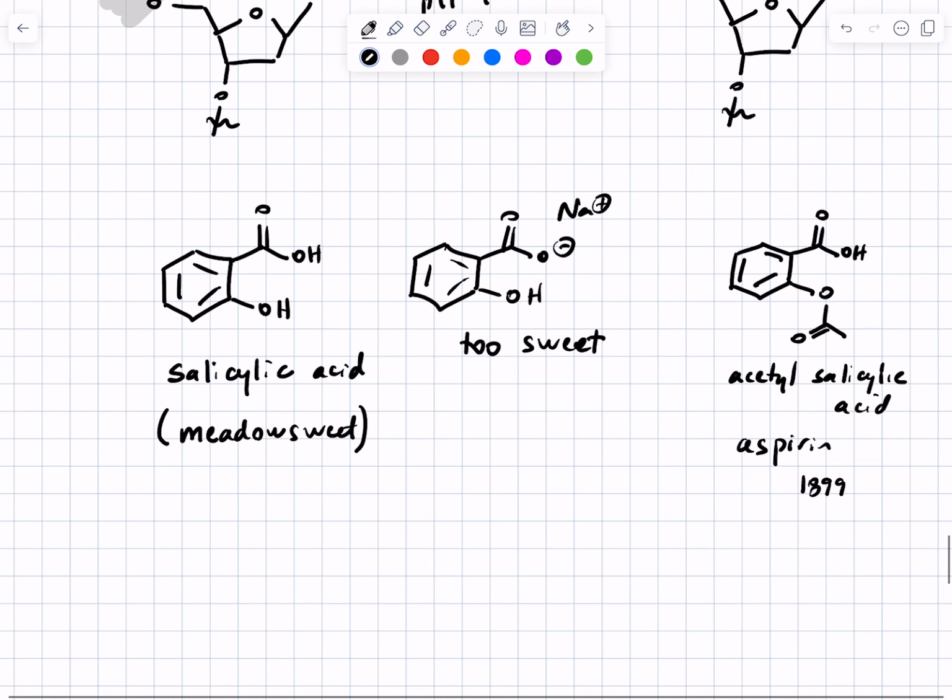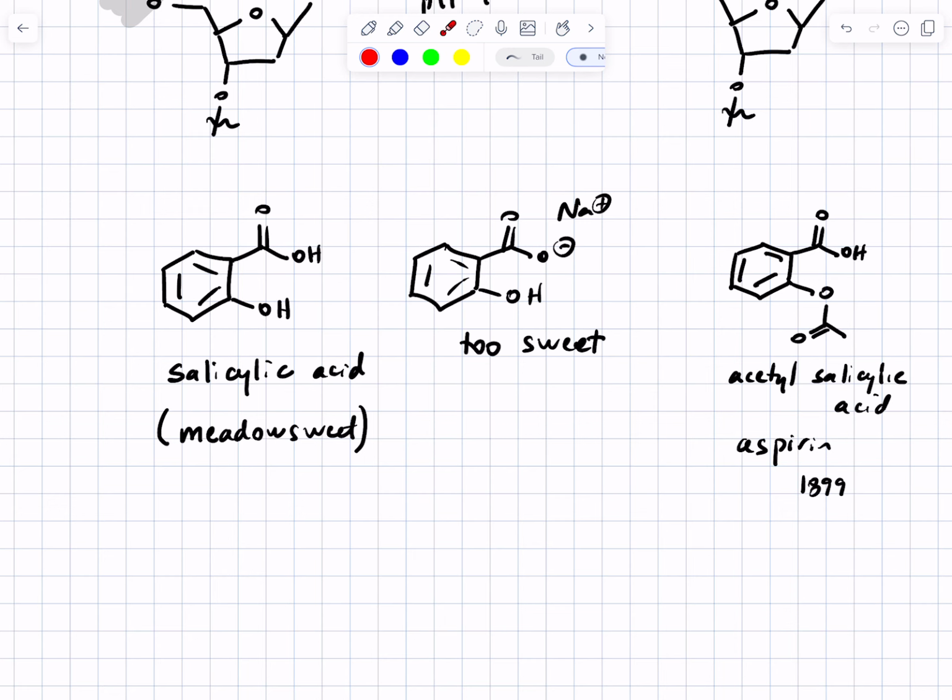And for a long time, it was not known what the mechanism was for why this works as a pain reliever. Anyway, it was in a form that you didn't have to taste, and so it was a much, much better drug. That's aspirin, acetyl salicylic acid. It's an example of what are called non-steroidal anti-inflammatory drugs, or NSAIDs.